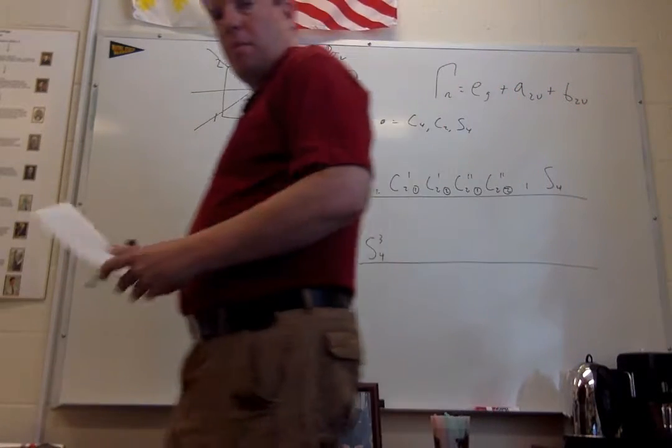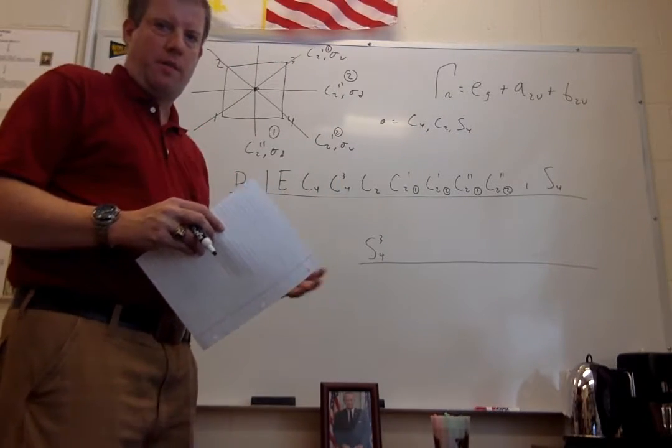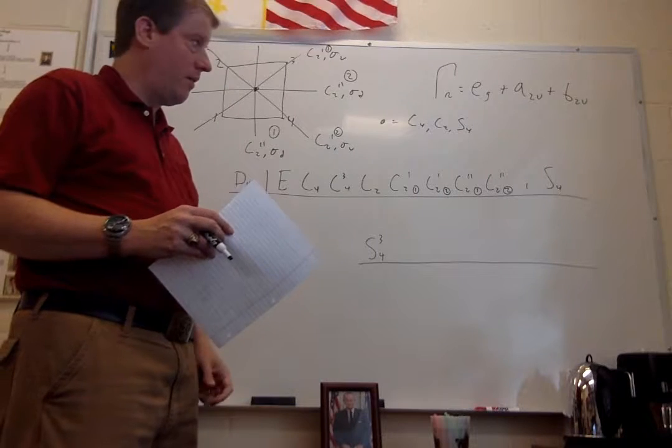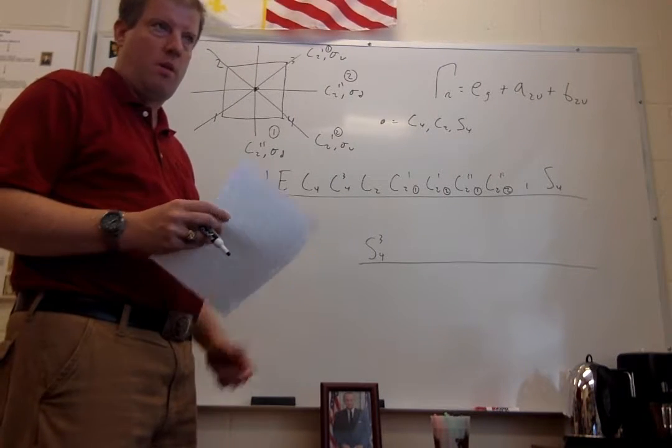One thing that may not have been pointed out in this point group before is the two S4s. One of them is an S4 in the clockwise fashion, and one is in the counterclockwise fashion, so the other one is S4^3.